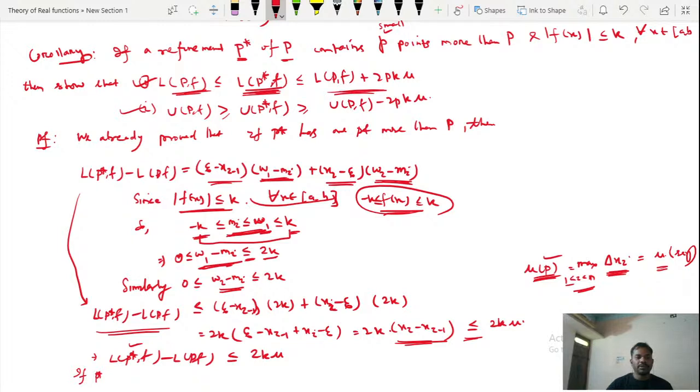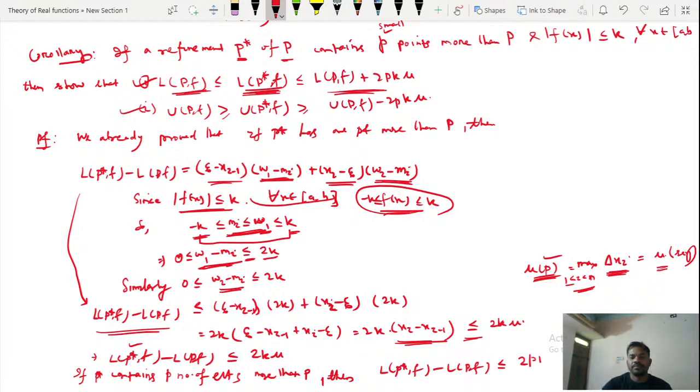So if P star contains small p number of points more than P, then L P star f minus LPF will be less than or equal to 2 p k mu.